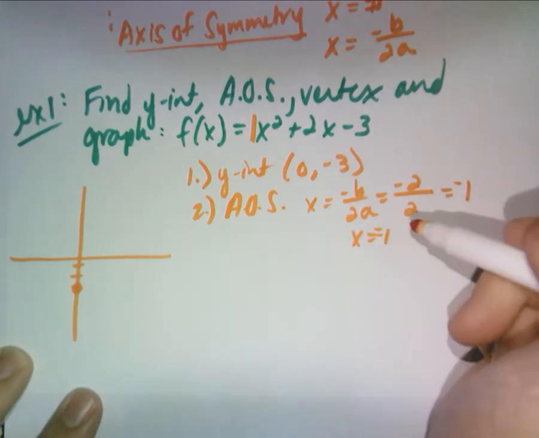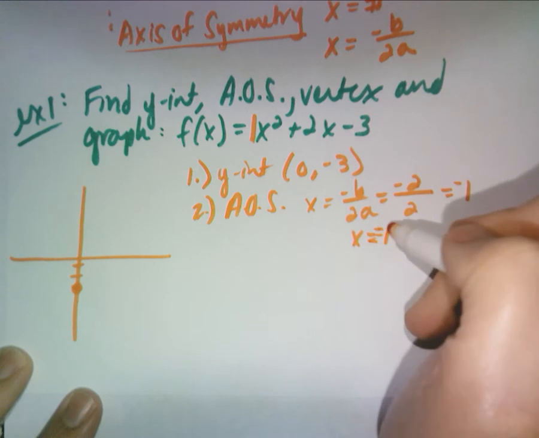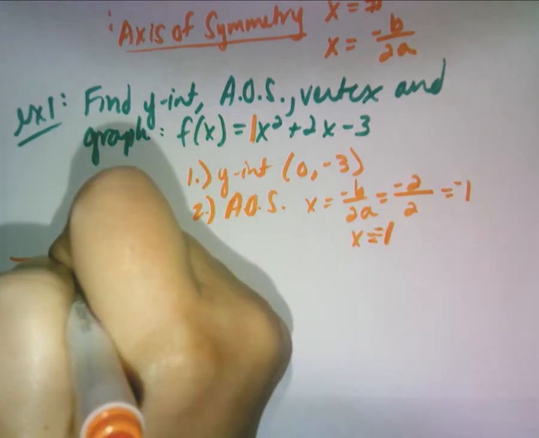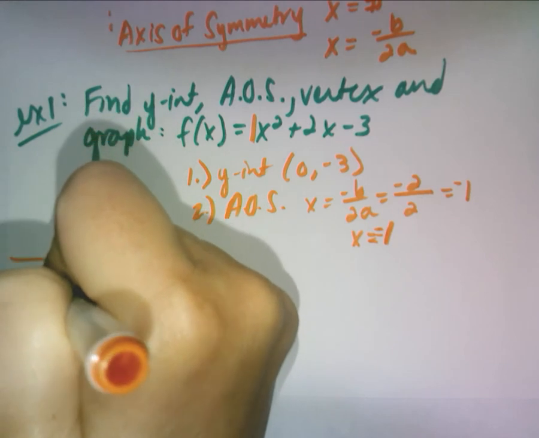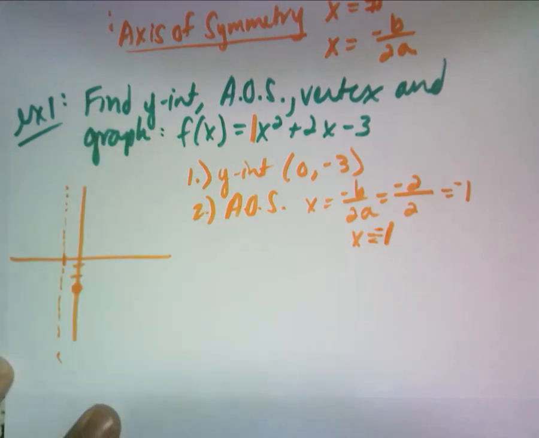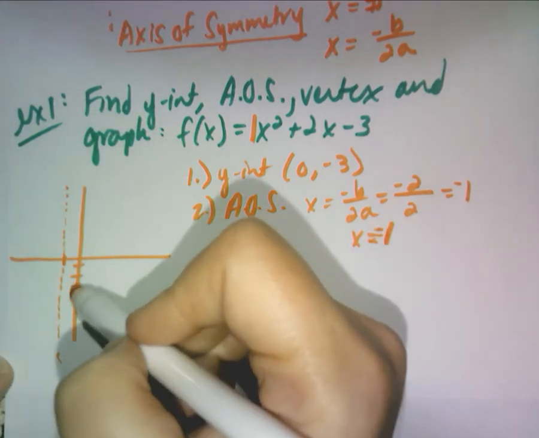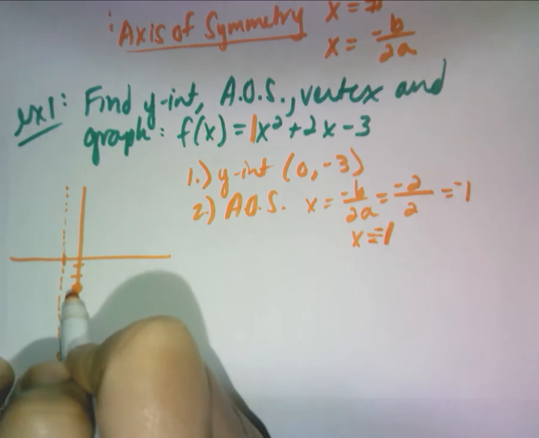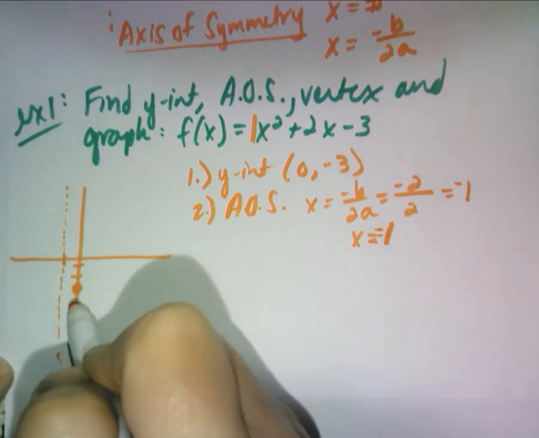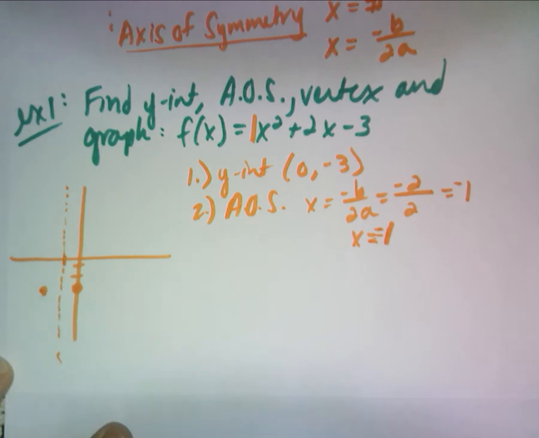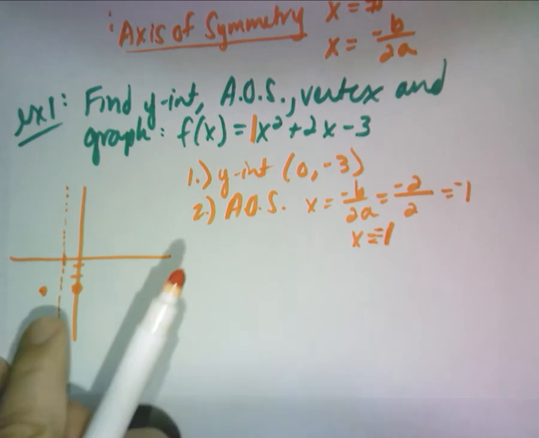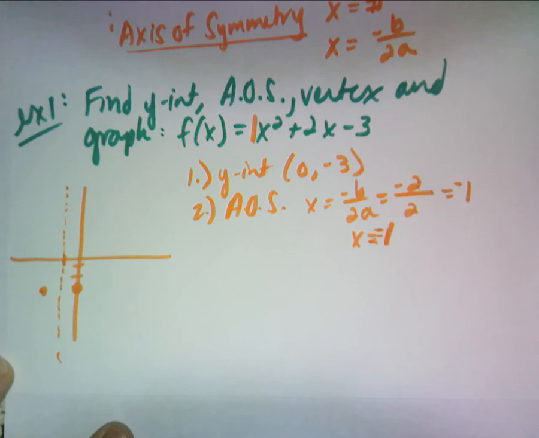I could see my graph and it's totally wrong. There we go. So at the imaginary line negative 1, which is right here, just make a dashed dot line. So you could find this reflective point. This reflective point of 0, negative 3, you can reflect over here. You know it's going to go like that because it's going to flip over that line.